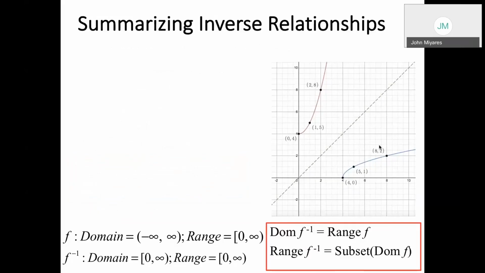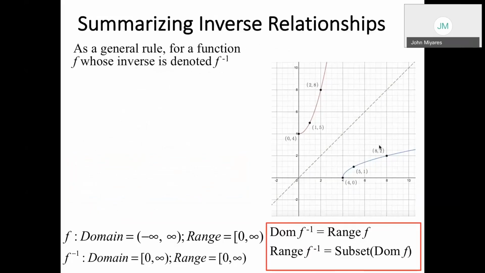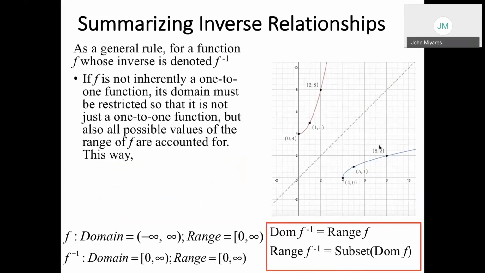So let's see if we can now summarize what we should know about inverse relationships. As a general rule, for a function f whose inverse is denoted f to the minus 1, if f is not inherently a one-to-one function, its domain must be restricted so that it is not just a one-to-one function, but also so all possible values of the range of f are accounted for.